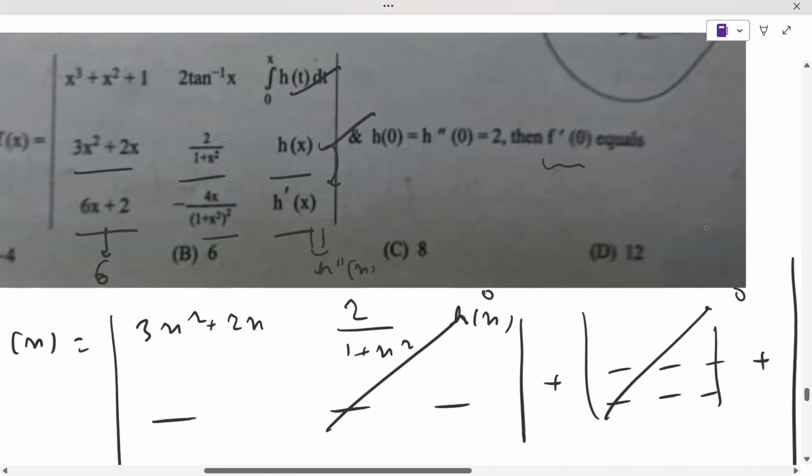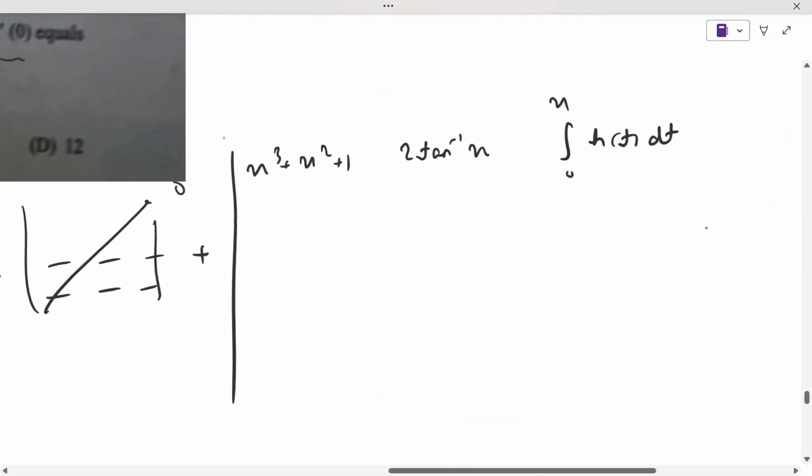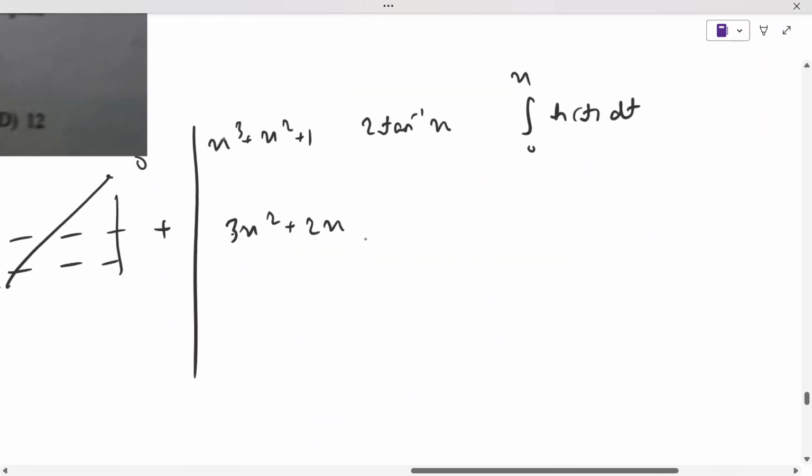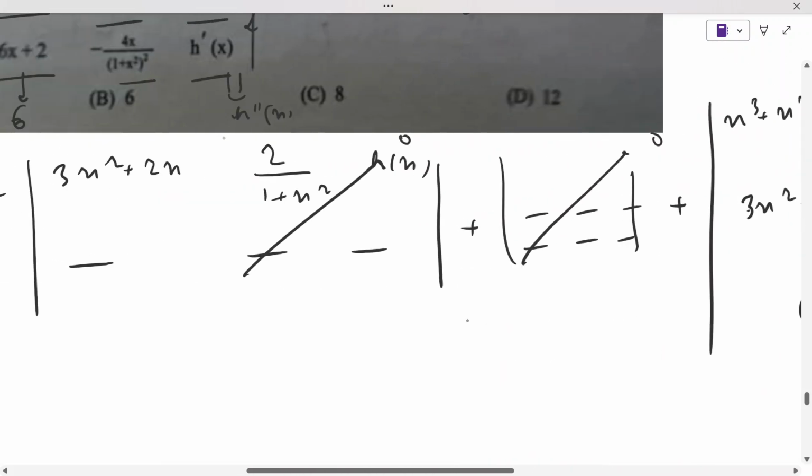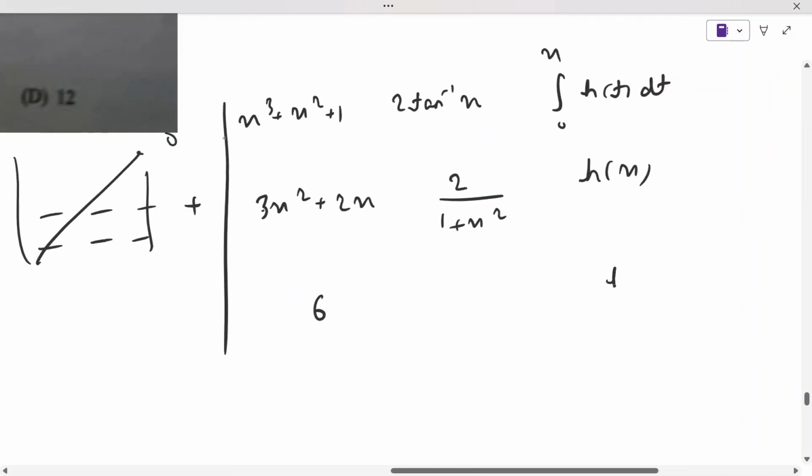And in this we have, as it is, 3x² + 2x, 3x² + 2x, 2/(1+x²), h(x). Now we have this is 6, and this is h''(x).